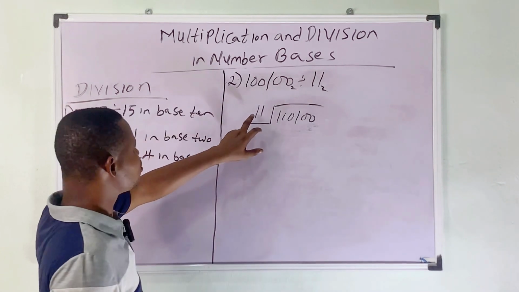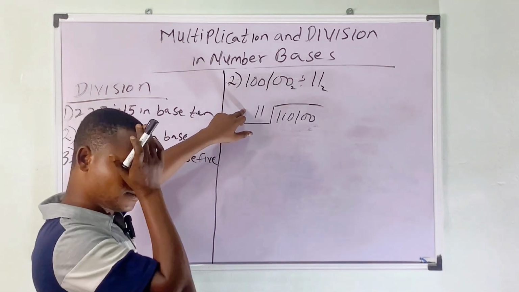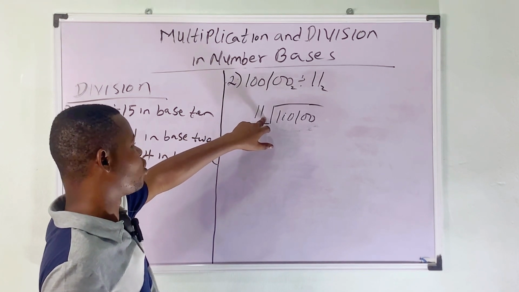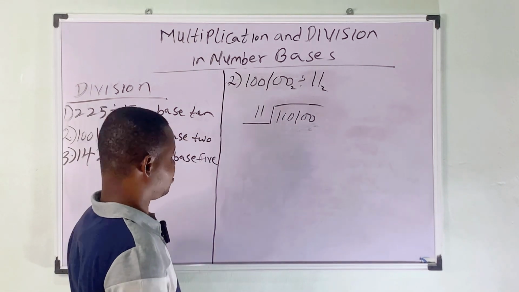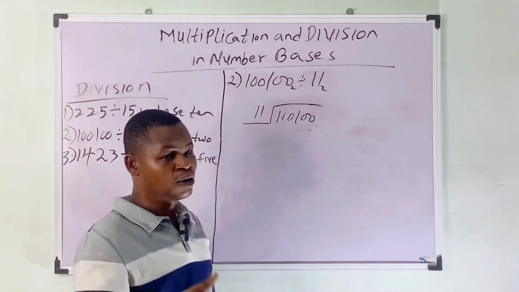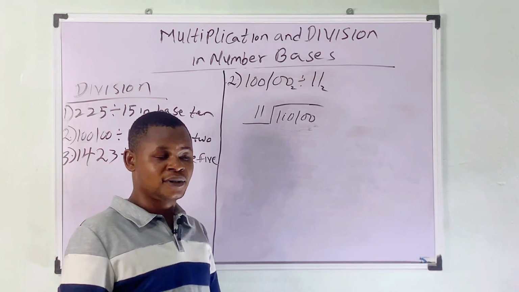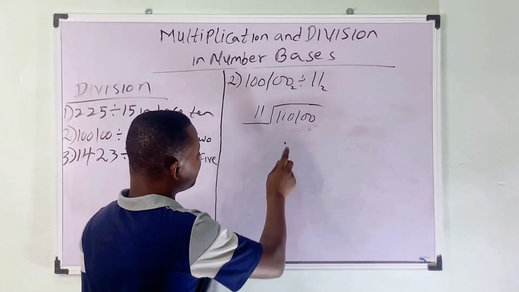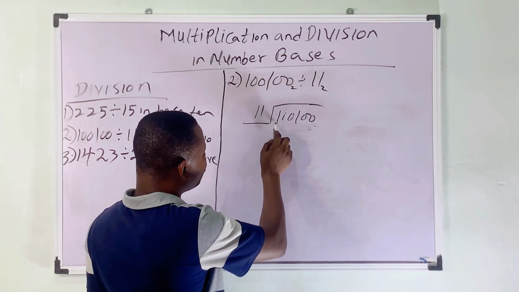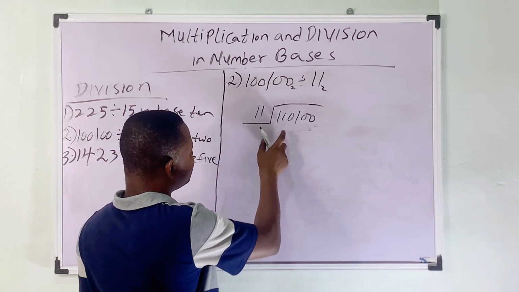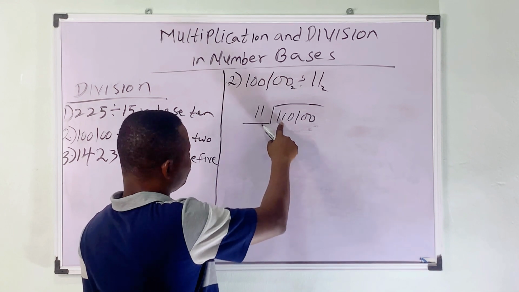Now, let us go to the multiplication table for the divisor here, which is 11. In order not to waste much of our time, we can complete the multiplication table for ourselves. But what we are aiming at is the first number that we want to perform the operation on. You can see 11 is greater than 10.